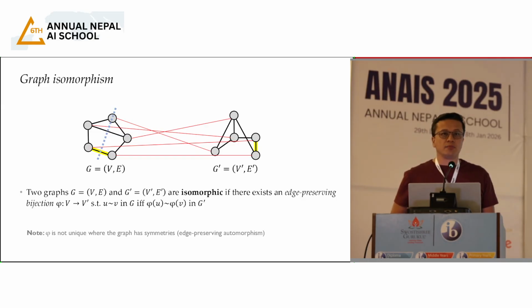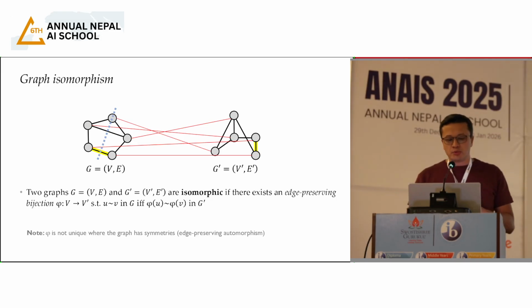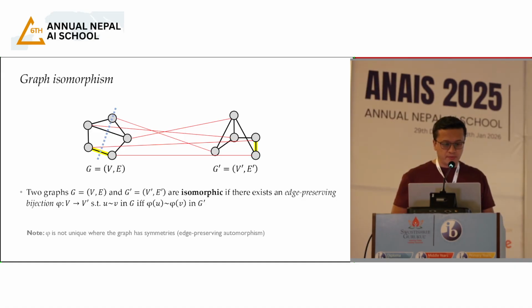There might be multiple bijections that witness this isomorphism, because of the automorphism group. But what we care about is whether there exists a bijection. Whenever there exists a bijection, we say the graphs are isomorphic, meaning they are essentially the same object, and there is no reason to map them to different outputs. So our graph neural network must produce the same output when fed these graphs. This is the permutation invariance that we discussed in the last lecture.